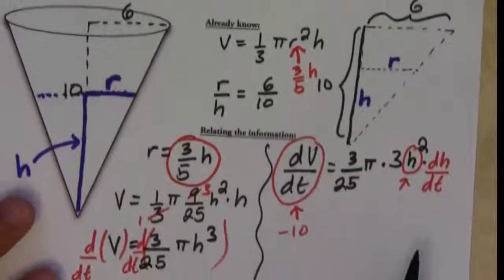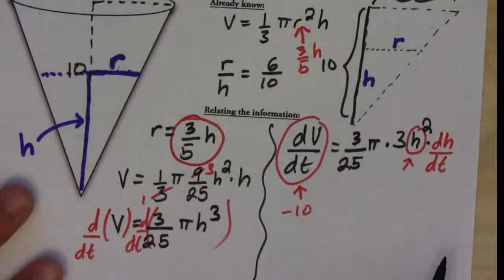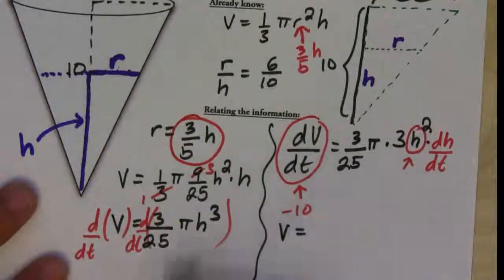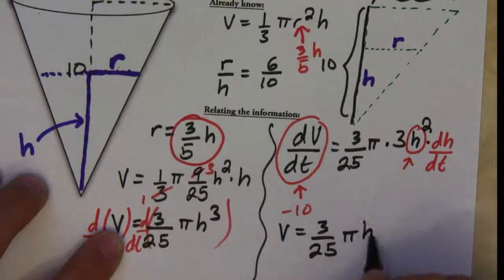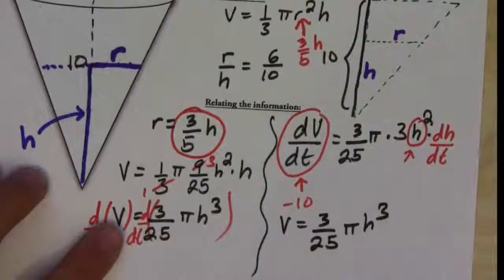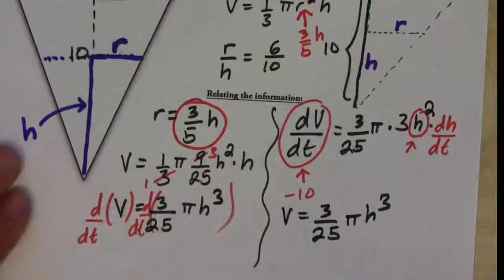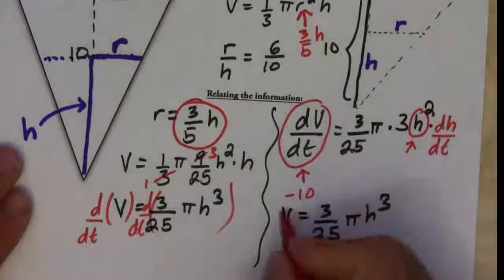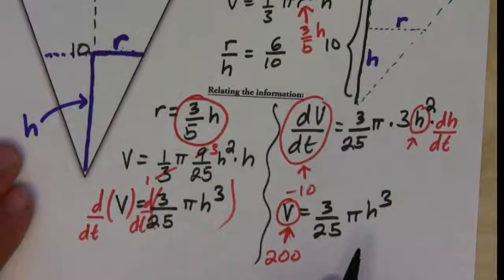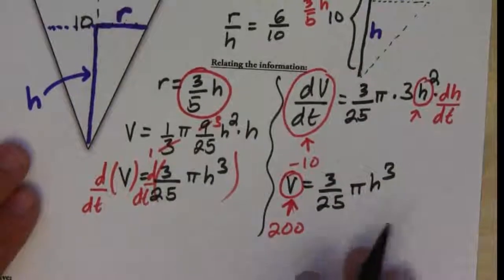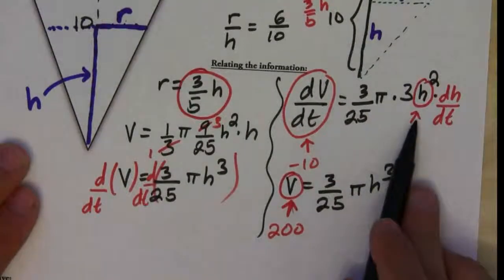Well, if I know the volume is equal to 200, I should be able to use this formula that I found for the volume involving just h, 3 over 25 pi h cubed, and I can use this to find h, because I know that the volume is equal to 200, and then if I solve for h here, I should be able to go back and plug it in.